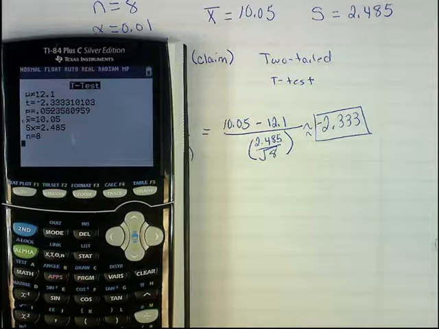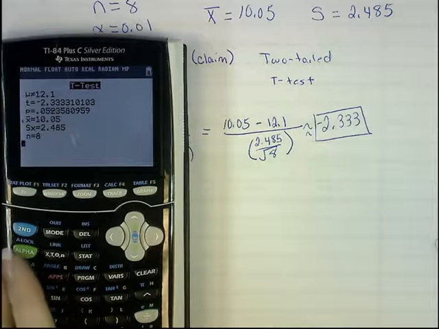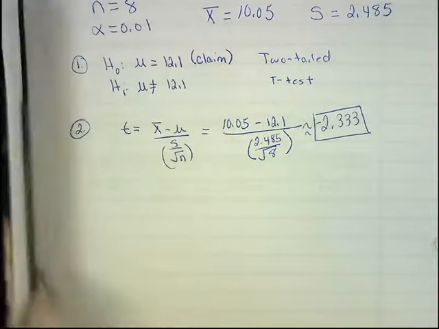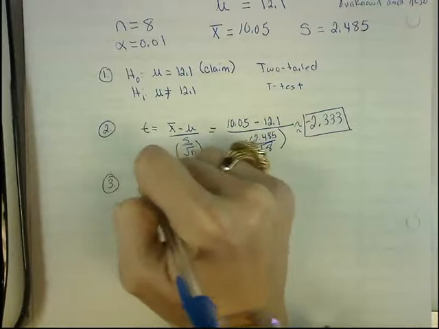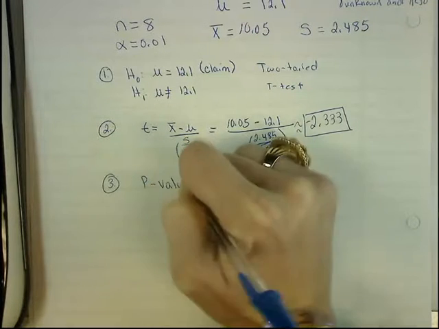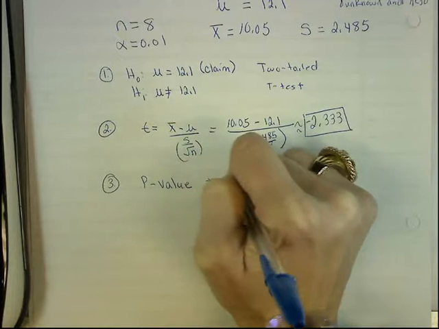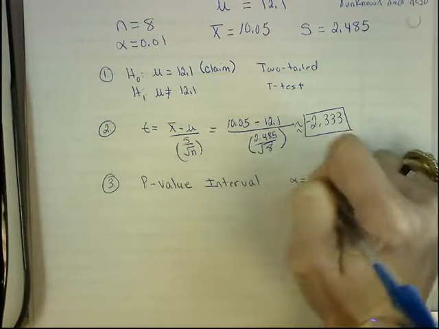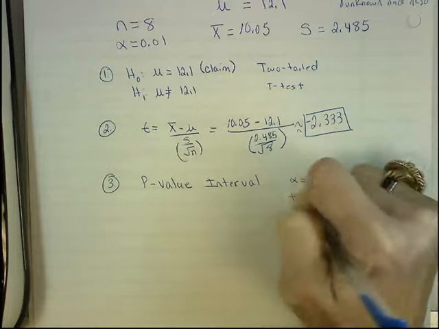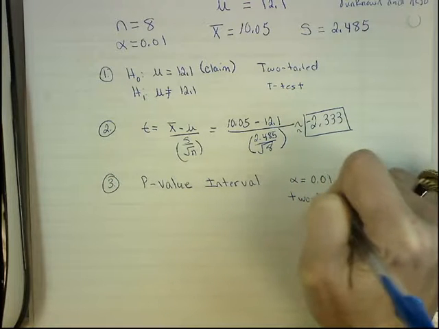But we need to give a p-value interval eventually. That's the next step of the p-value interval. A p-value method is the p-value interval, since this is a t-test. You will remember that your alpha is 0.01 and it's 2-tailed. That's necessary to know.